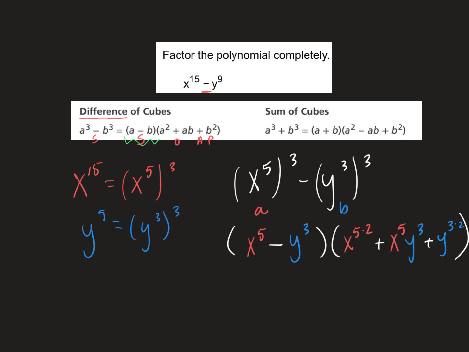So now if I simplify, it's going to be x to the 5th minus y to the 3rd. X to the 5th to the 2nd power is x to the 10th plus x to the 5th, y to the 3rd. Y to the 3rd to the 2nd power is y to the 6th. Okay, so this is the same.